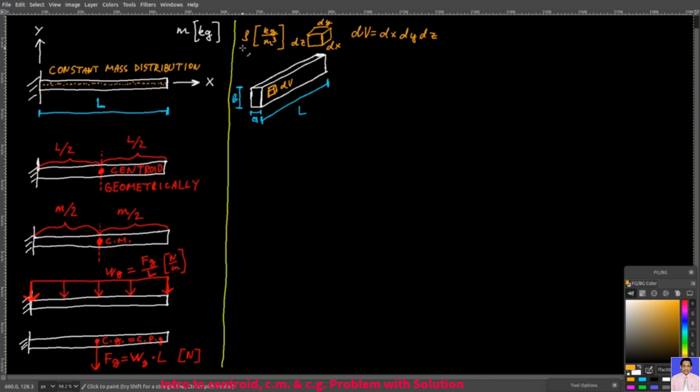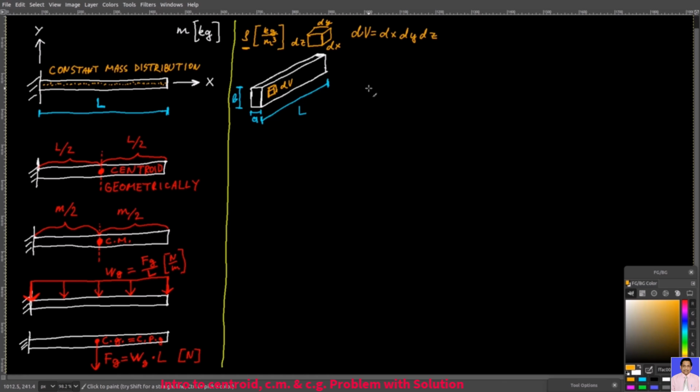And so density essentially tells you your mass per one infinitesimal unit volume. It tells you your mass distribution inside your beam. Each differential volume can have a different mass inside the beam. Then you have varying density. But in our case, we have constant density.